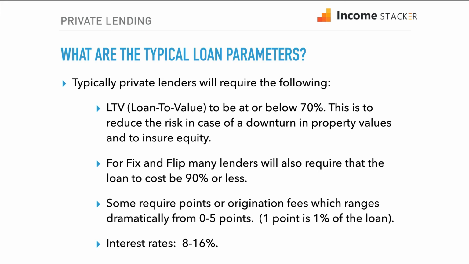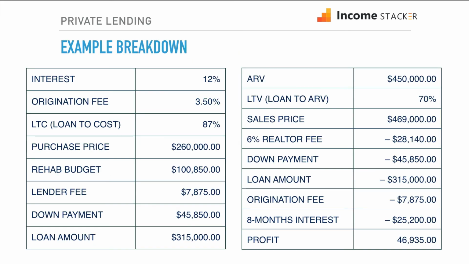And then the interest rates, again, depend on how many points sometimes, but they range anywhere from 8 to 16. I'd say, on average, we're running around 12% for most private loans, maybe a little higher. So let's take a look at an example to show how this works.